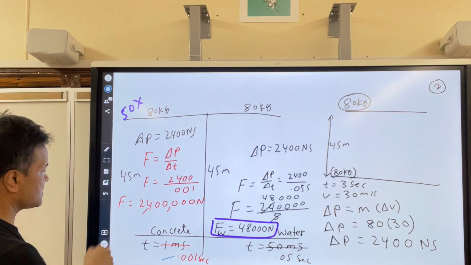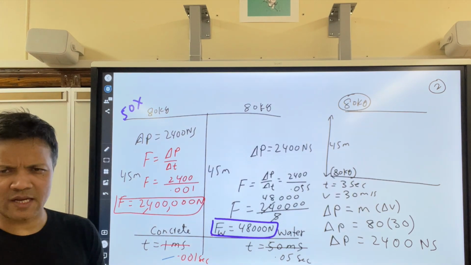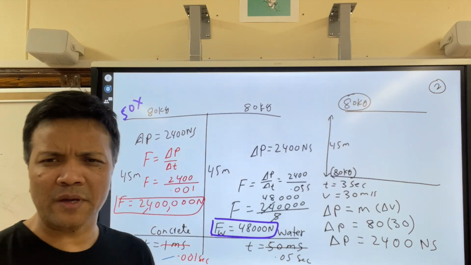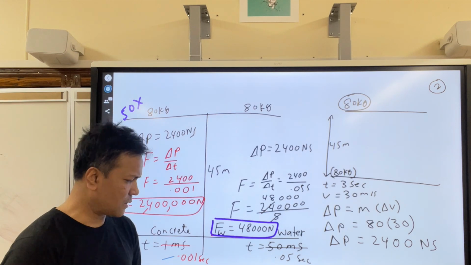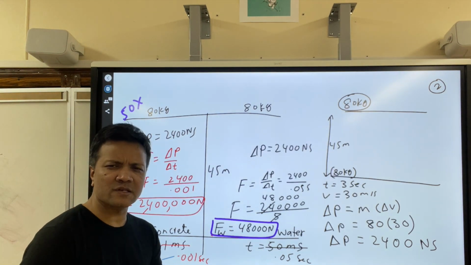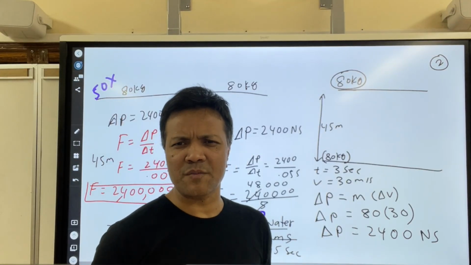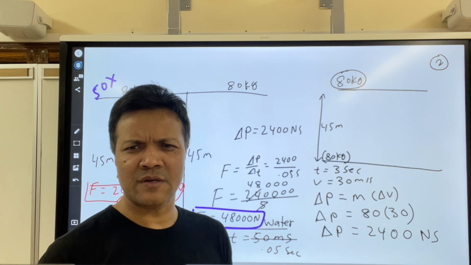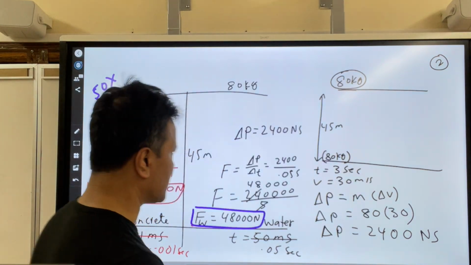Alright, so this is 50 times as bad as the water landing. So which landing would be safer? Of course, landing on the water would be much safer than landing on the concrete. Concrete landing would be 50 times worse. How many times? 50 times. Let's see why.